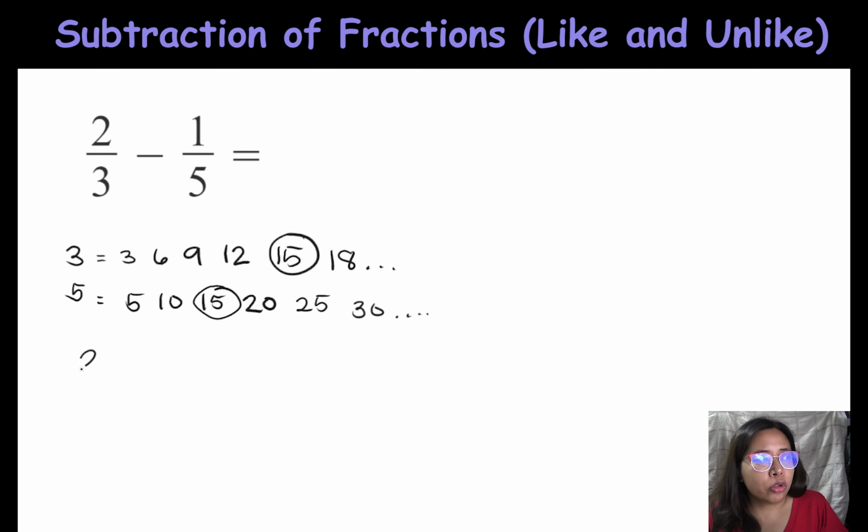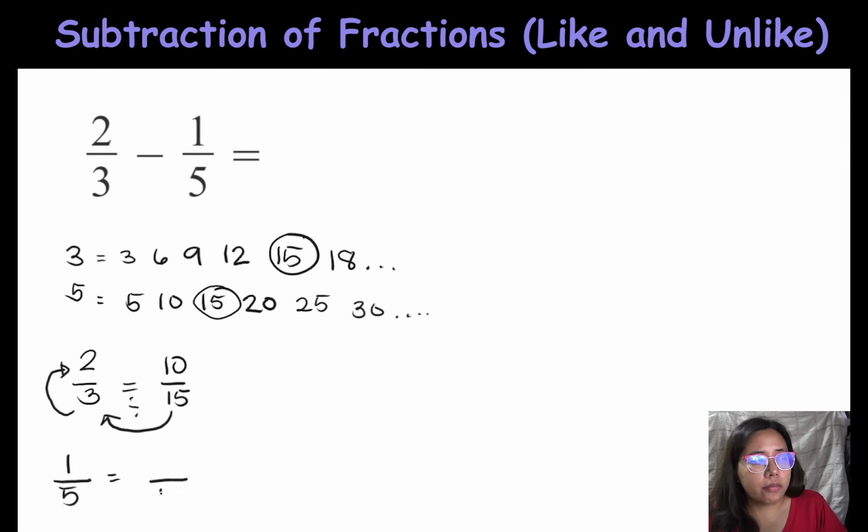So, we convert 2/3. Okay. So, 15 as denominator, and then, we divide it by 3. So, 15 divided by 3 is 5. And then multiply it to 2. So, 5 times 2 is 10. Okay. And then, yung second naman natin na fraction, so that's 1/5.